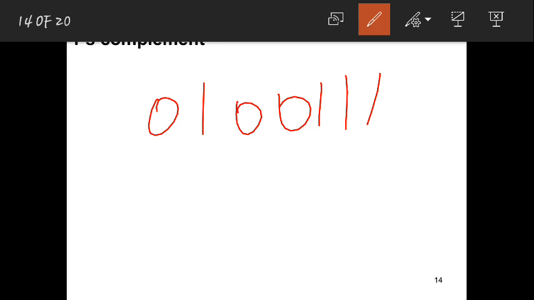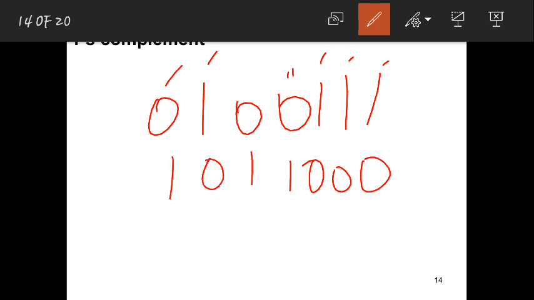Whenever I want the ones complement, I just convert 1 to 0 and 0 to 1. So replacing these 1s with 0, and the 0 with 1. So now I can say the ones complement of this number is this.